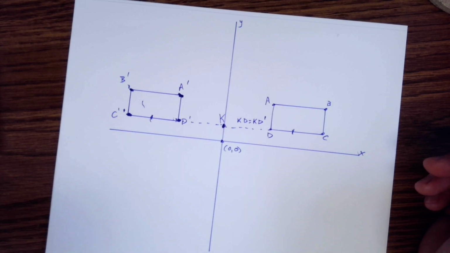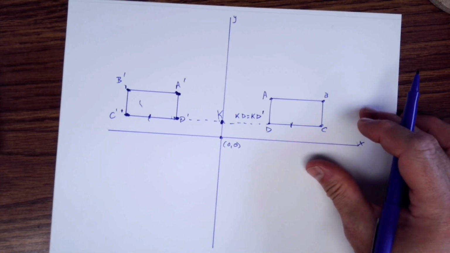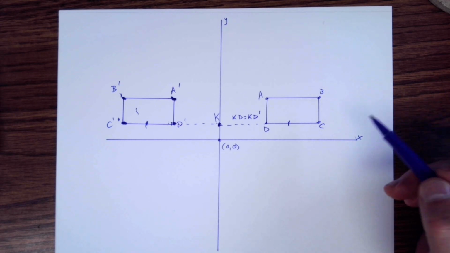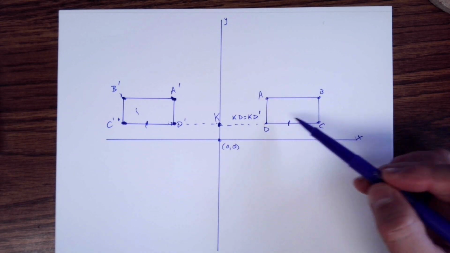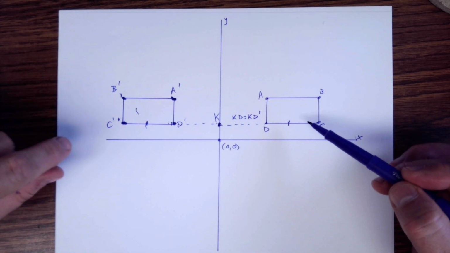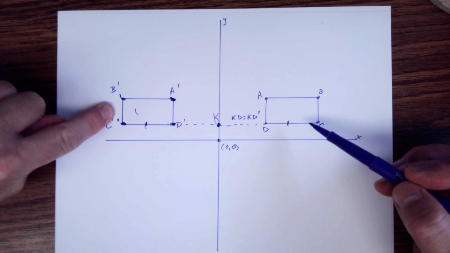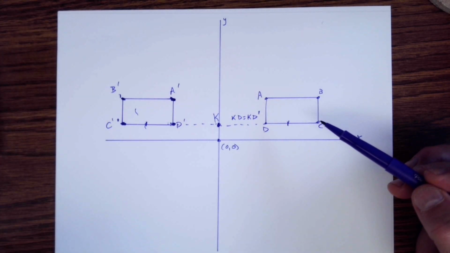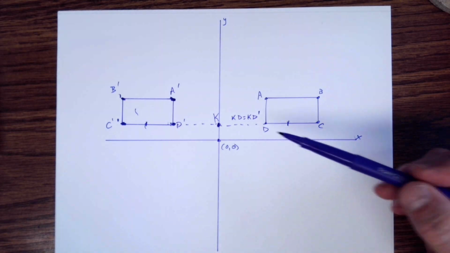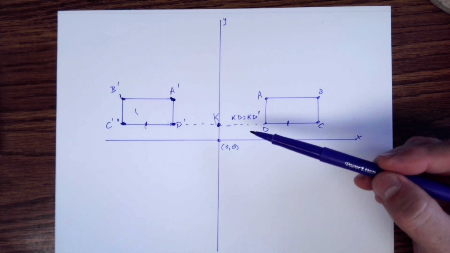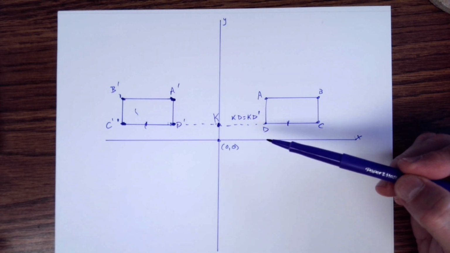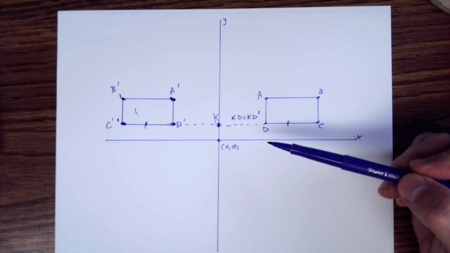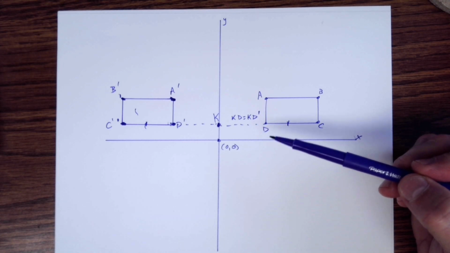Well, it's very useful when you think about this in terms of a real world application. What this means is that this box is the same distance away from the wall as its reflection would be on this box. So if you think about this as a mirror and you're shining a light or an image into the mirror, what you're essentially talking about is that you have doubled the distance that you're looking at.